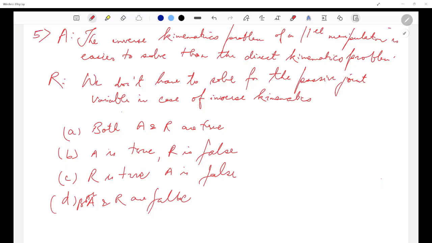So the assertion is the inverse kinematics problem of a parallel manipulator is easier to solve than the direct kinematics problem. From the lecture what we have learned is that in direct kinematics we eliminate passive variables and get a high degree polynomial, for example, 8th degree, 16th degree, etc. But in inverse kinematics we treat each leg separately. So in parallel manipulators, unlike serial manipulators, inverse kinematics is generally simpler than direct kinematics.